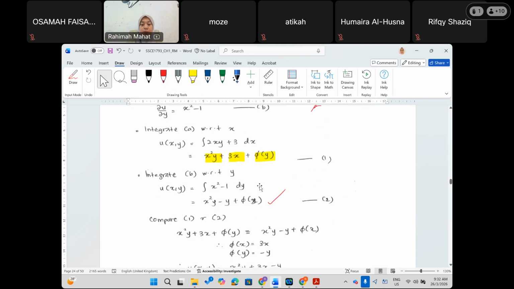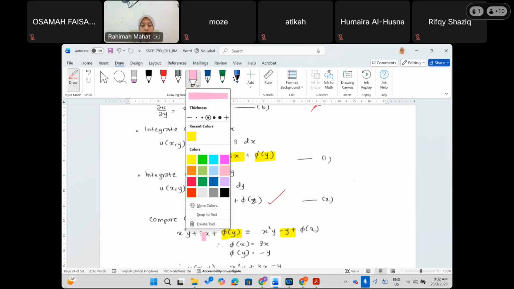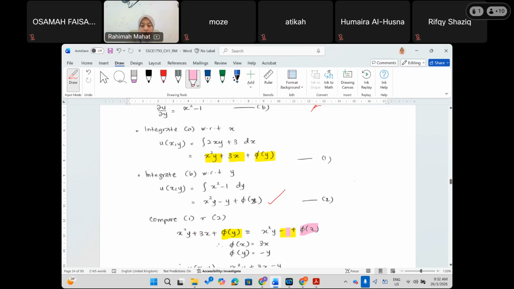This is by using method 2, okay? From here, we can see that the y term is equal to negative y, and this one, 3x is equal to 3x, by comparing the values.